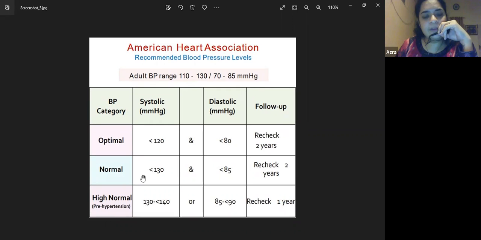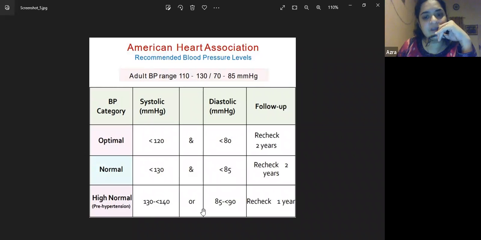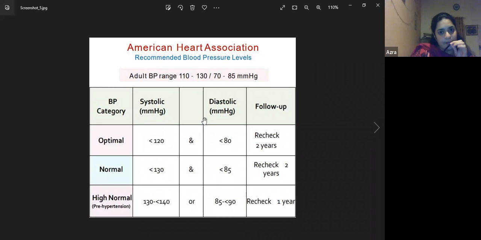In normal, it is less than 130 and less than 85. And high normal is 130 to 140 or 85 to 90. Understand? Any problem here? No, ma'am.